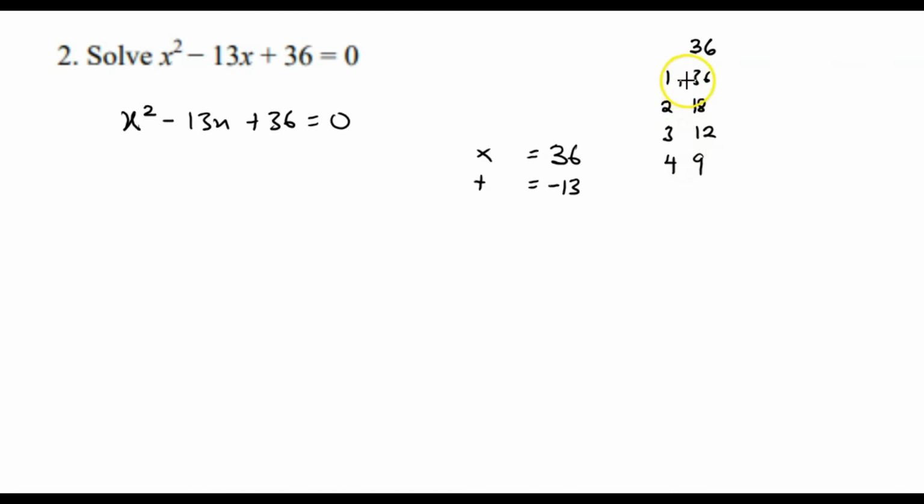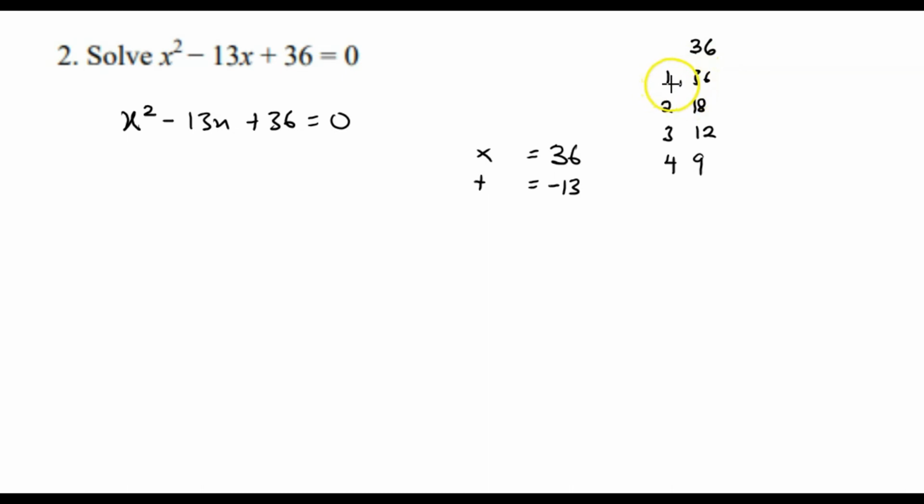Now, when you check the factors that I've written, when we multiply each of them, it will all give us an answer of 36. But remember, those same 2 factors, when we add them, we must get negative 13. So let's find out whether when we add any of them, we are going to get negative 13.